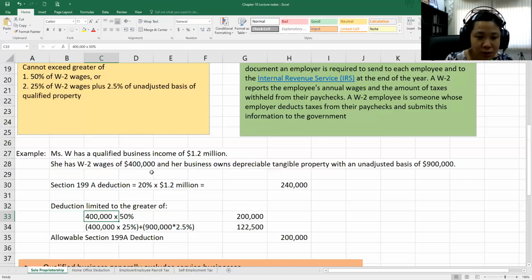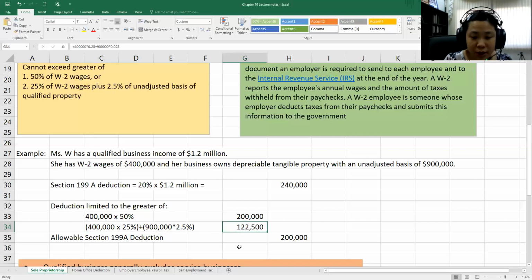Her W2 wages are 400,000. So 50% times 400,000 will give you 200,000. Or it is equal to 25% of W2 wages, 25% times 400,000, plus 900,000 times 2.5%, and that will give you 122,500.